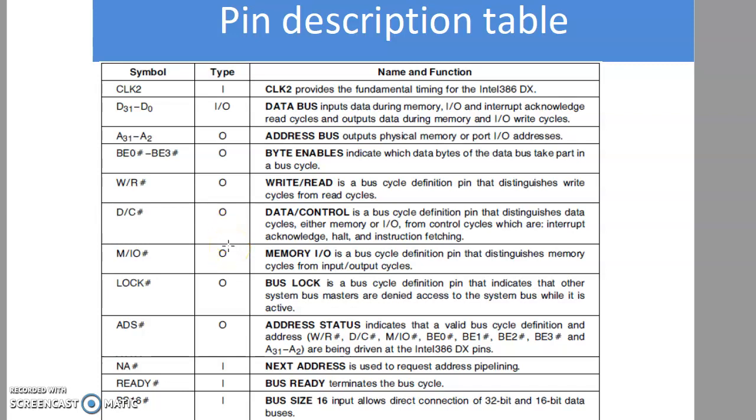M slash IO bar is memory slash input output. Then you have lock bar, ADS bar, NA bar, ready bar and BS16 bar. So these are the different signals given on these pins which are used in the machine cycle.